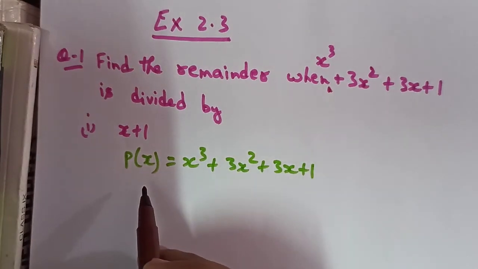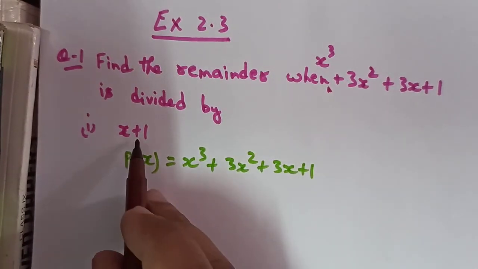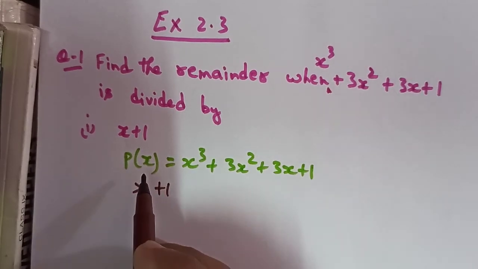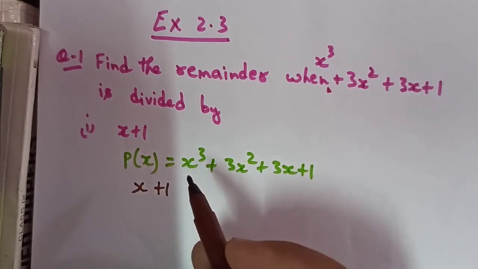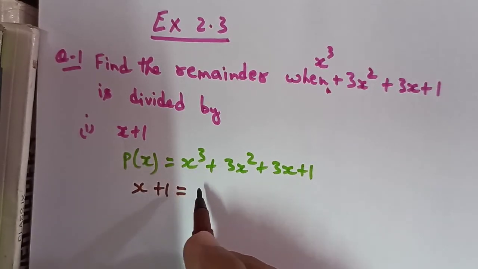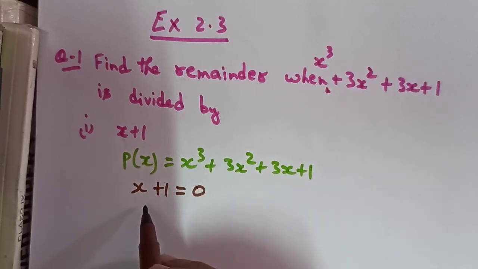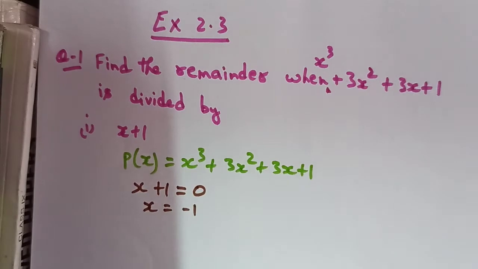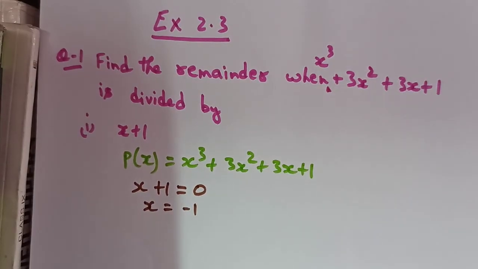So the first step is to find the zero of this divisor polynomial, x plus 1. How will we find the zero? This we have done in the previous exercises: we equate x plus 1 equals 0, then x equals 0 minus 1, that is minus 1. So minus 1 is the zero of the given divisor polynomial.